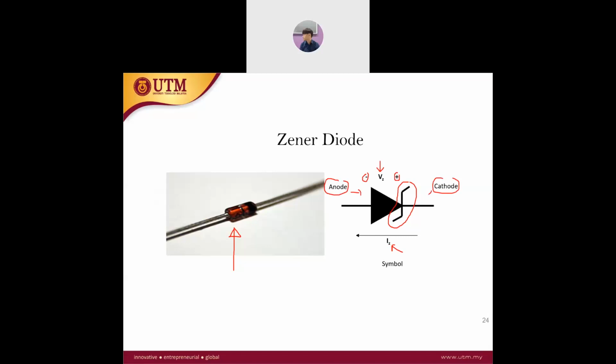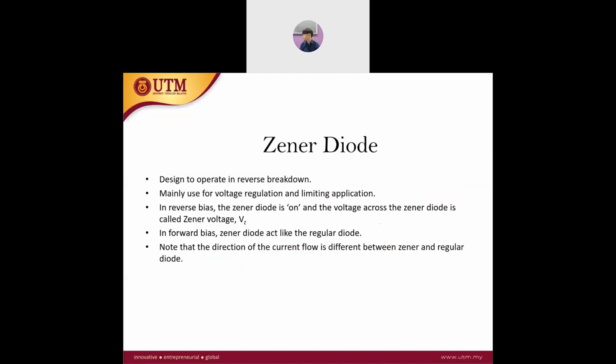But because we must take into account that the ZENER diode operates in the breakdown region, we have this positive and negative, which is the opposite polarity, and IZ is opposite. IZ is the ZENER current, VZ is the ZENER voltage, not the diode voltage or diode current. That is different. That one is forward bias.